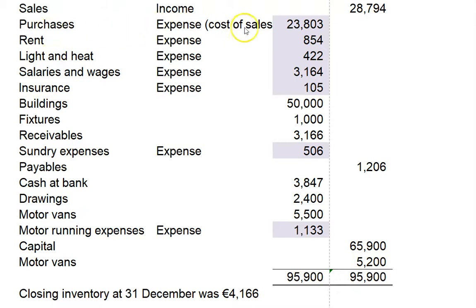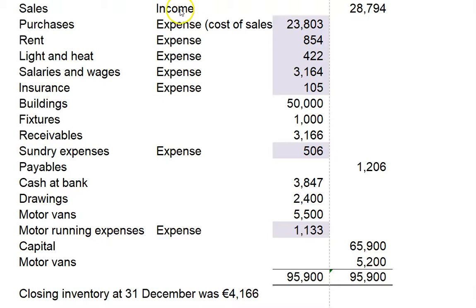So your purchases, which is a cost of sales expense, and then these others, rent, light and heat, salaries, insurance, sundry expenses, motor running expense, clothing expense, are expenses, and then the remainder of them, they're assets. Payables is a liability. Receivables, fixtures, buildings are assets, expenditure on items of which the sole trader is going to receive a long-term benefit. So they're recorded separately in the statement of financial position.